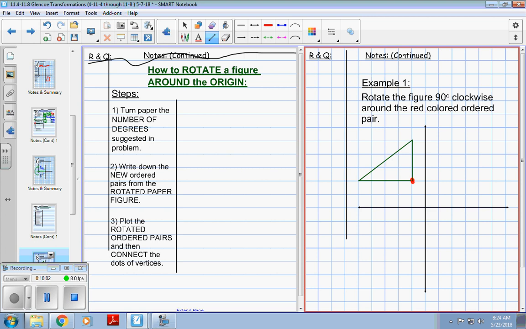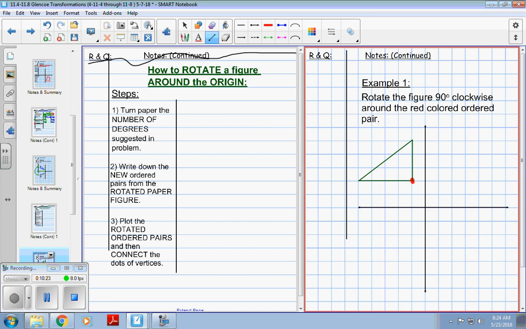Okay, welcome back. So how we're going to do this is we're going to do a rotation of this figure 90 degrees clockwise around the red colored ordered pair. Now, when I start doing this 90-degree turn, you're going to feel like I'm just turning the figure here, but I want you to realize that you should be turning your paper.